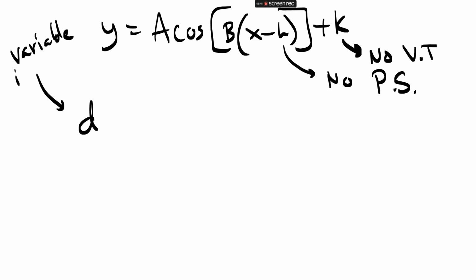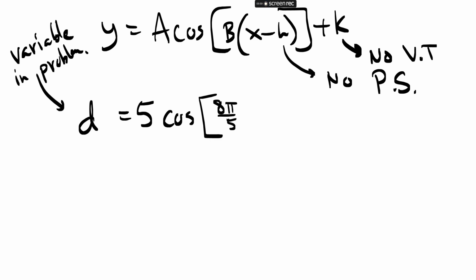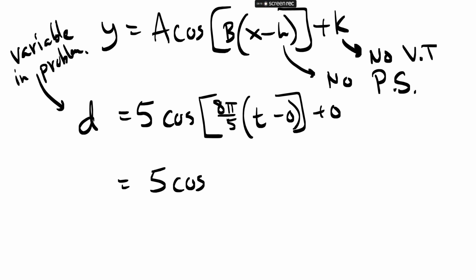So the displacement is what I have as my variable. So the variable from the problem is d equals, and then we just learned that 5 is the amplitude, cosine, and the b value we just learned from the previous slide, 8 pi over 5. And again, the t value right here is what we use in our problem. So we're going to use the t value in terms of seconds. h is 0, k is 0, and then we simplify it all out. And we got ourselves what we need right there.